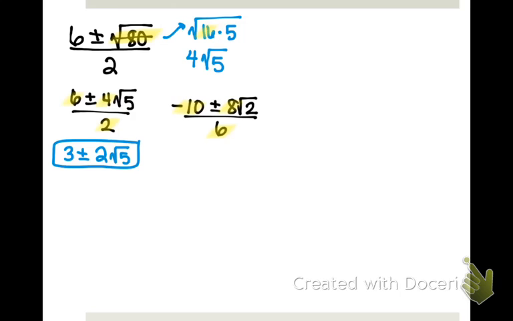We can't change anything in there. But if the number is outside of the radical, we can. So what I can do here is I could divide each of these numbers by 2. So it's just like reducing any other fraction. I get negative 5 plus or minus 4 root 2 all over 3 because I divided everything here by 2 to reduce.